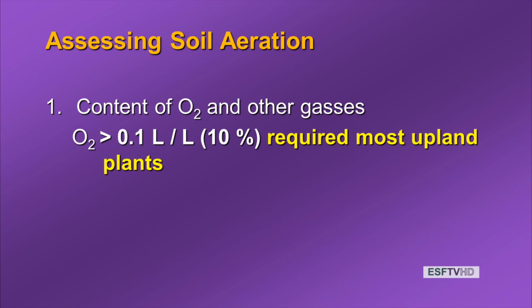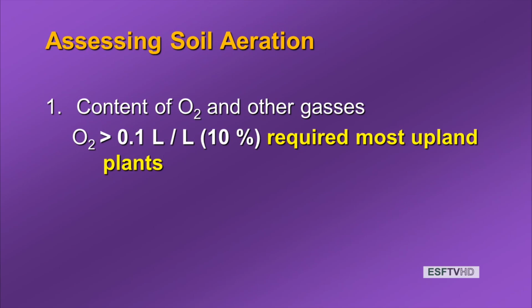Okay, that's the mechanism, and let's think about assessing it. How would we quantify soil aeration? And there are a number of things we can measure to give an indication of soil aeration. And so the first one we'll talk about is the concentration of oxygen and other gases in the soil atmosphere.